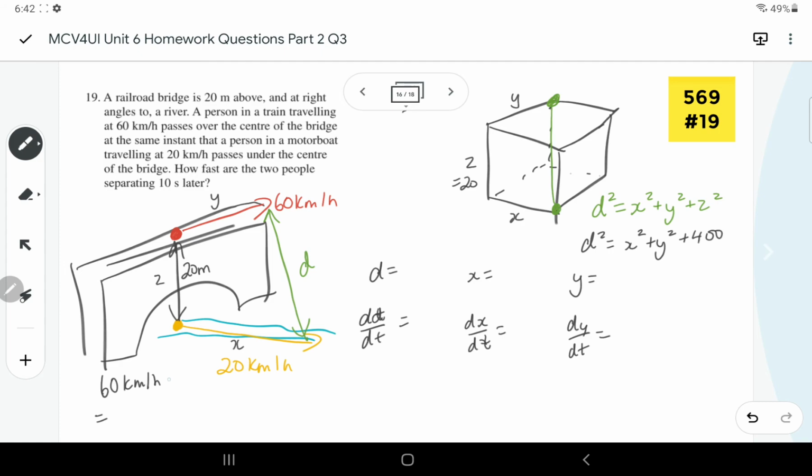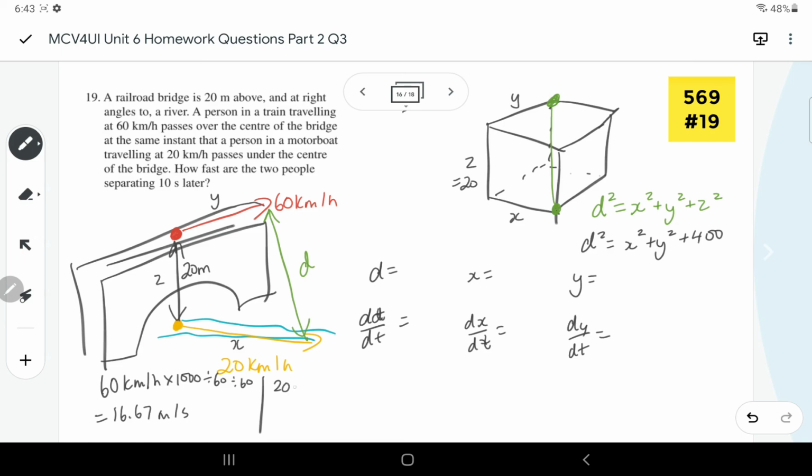So we're going to change from kilometers per hour. Changing kilometers to meters, we know that we'd multiply by 1,000, and then changing hours to minutes is divide by 60, and minutes to seconds is divide by 60 again. So if I do 60 times 1,000 divided by 60 again, I get 16.67, and I'm okay with rounding that to 2 decimal places, meters per second.